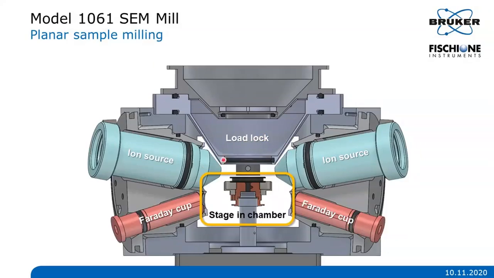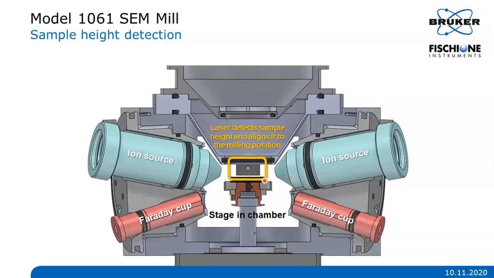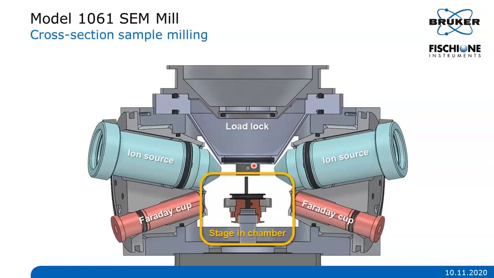A very important feature of our system is automatic sample height laser detection. As you can see here, the laser detects the sample height and the sample is automatically put in the right milling position, so no alignment is needed by the user. On the next slide, you can see the sample in the cross-section geometry position. As you can see, we don't change any stages between planar and cross-section milling.